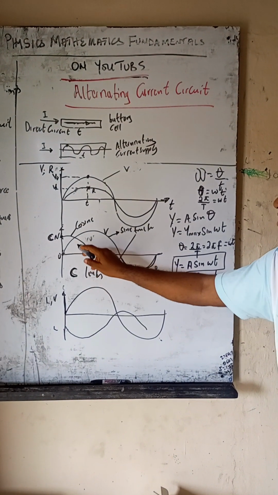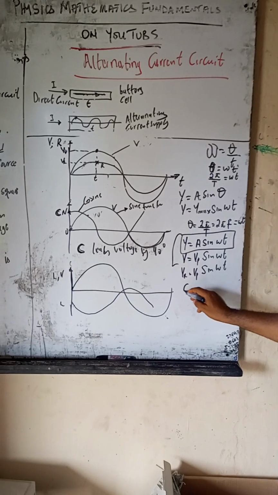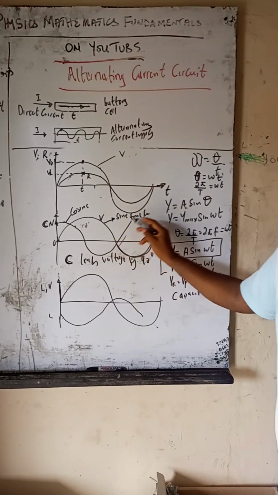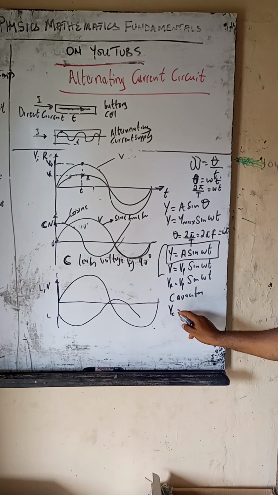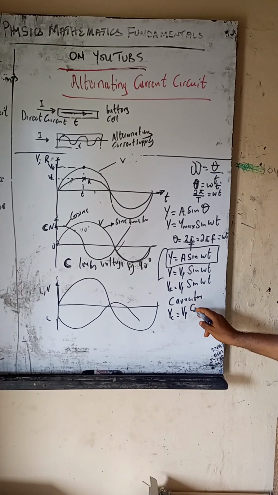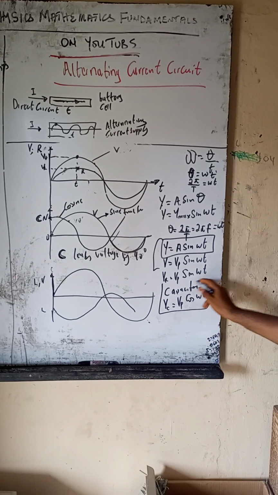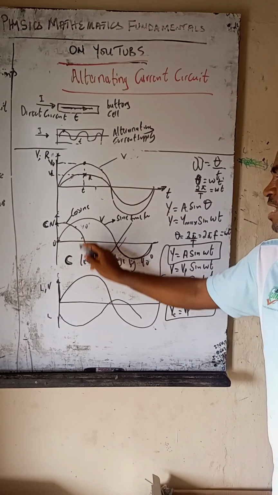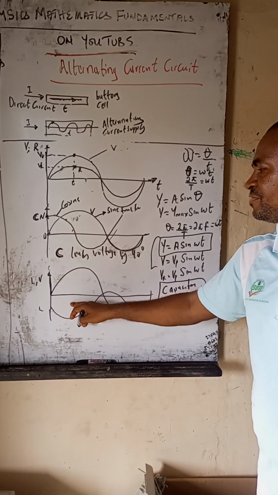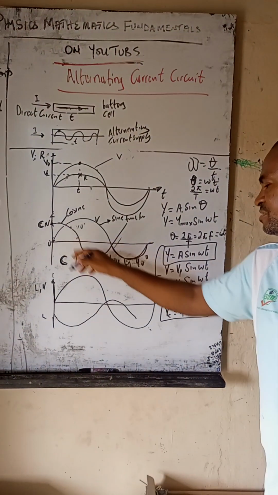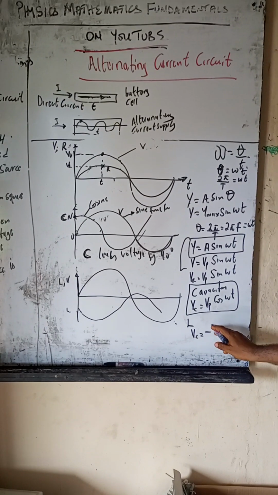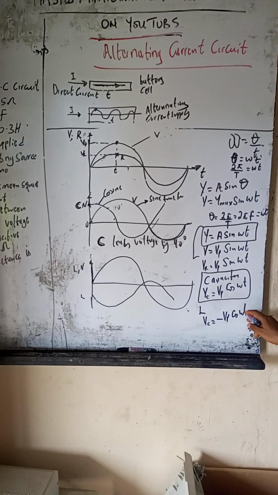But when we come to the capacitor, because the capacitor has a cosine waveform, the V for the capacitor is the peak value of the capacitor, instead of sine, we write it as cos omega t. Then for the inductor, you can see that the capacitor and the inductor are in opposite placements on this graph. This one is on the negative side and this one is on the positive side. So that means for the inductor, the voltage will be minus Vp cos omega t.